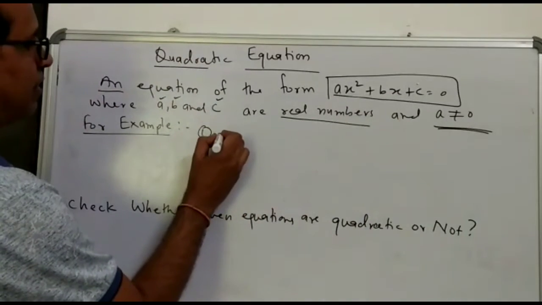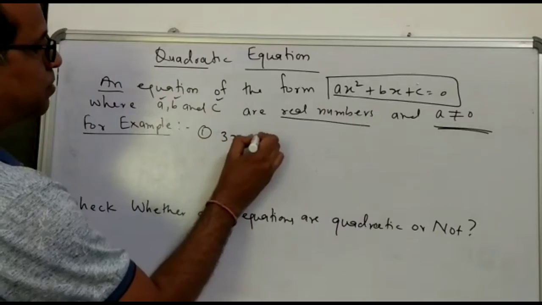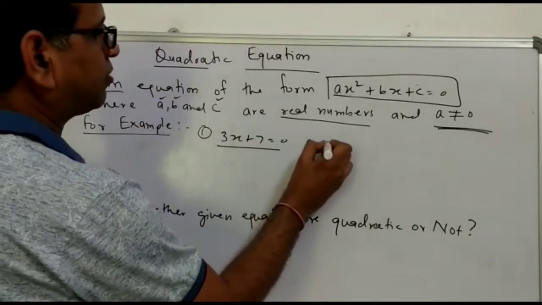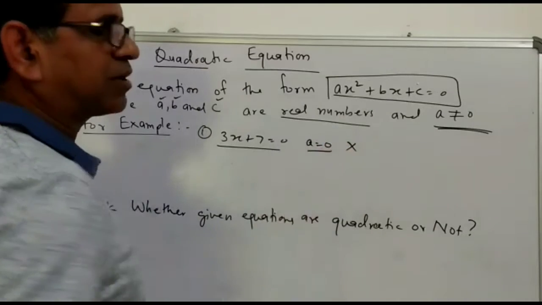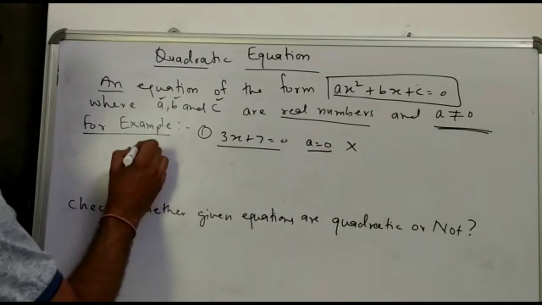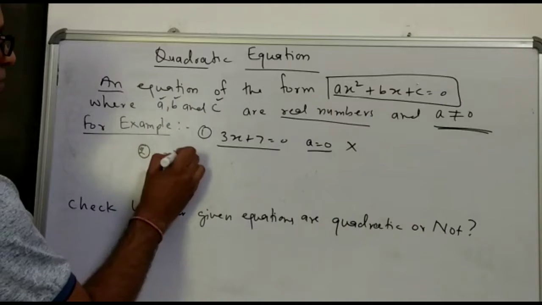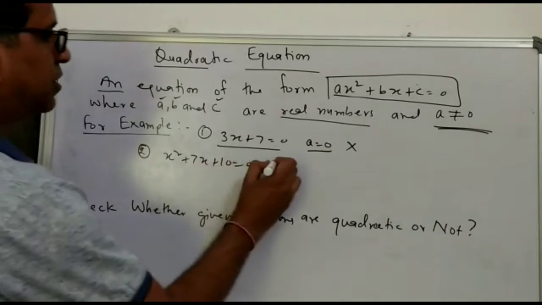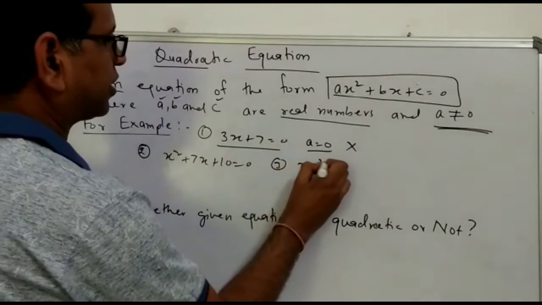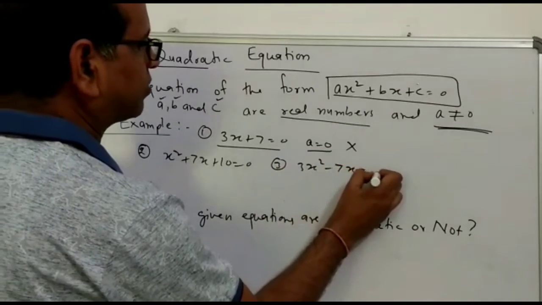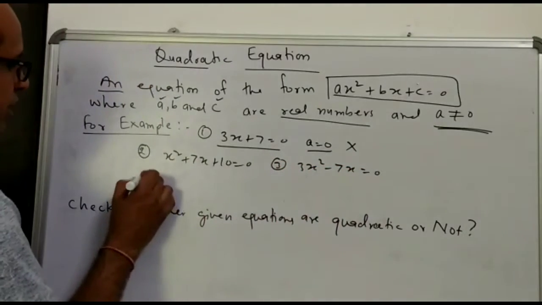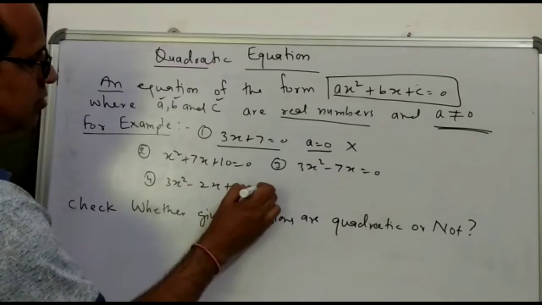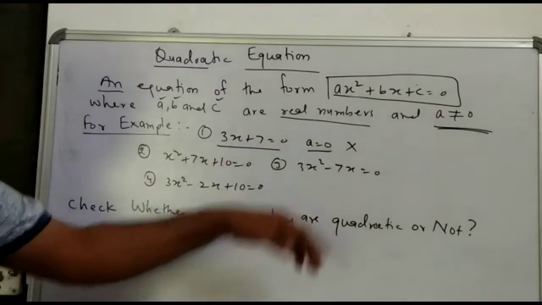Now for example, when I write 3x plus 7 equals to 0, then here the value of a is equal to 0, so it is not a quadratic equation. When I take the examples x square plus 7x plus 10 equals to 0, 3x square minus 7x equals to 0, 3x square minus 2x plus 10 equals to 0, now all these are examples.